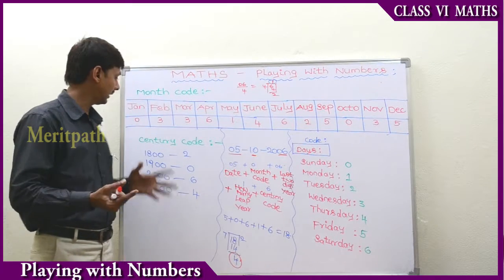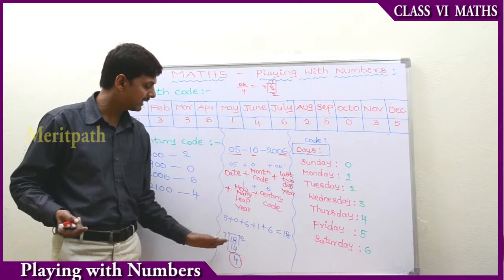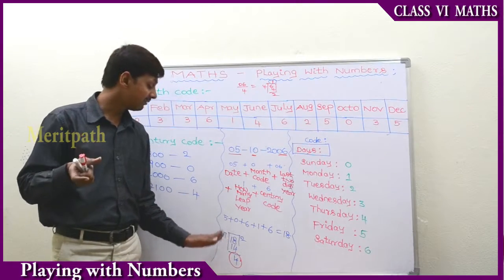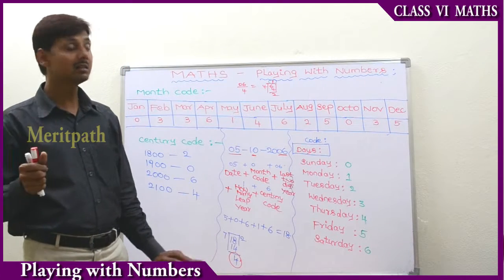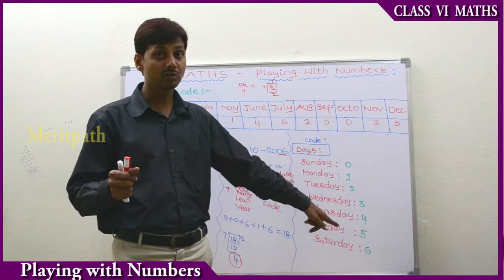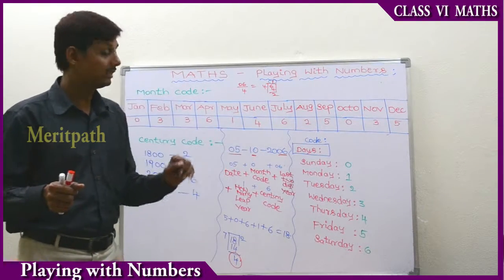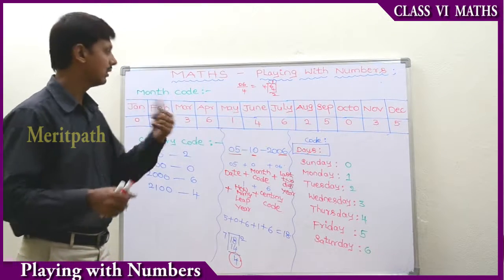And each century has a code. We add all the numbers, divide by 7 and take the remainder. That remainder is looked up in the day codes, and the day for that code is the answer for the date.